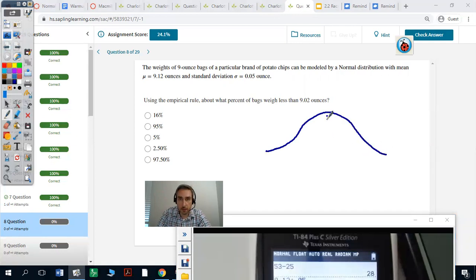We're at 9.12, 9.02, 9.07. So I say less than. Well, remember this is 34, 13.5, 2.35, and then 0.15. So these two added up should give you the less than 9.02.